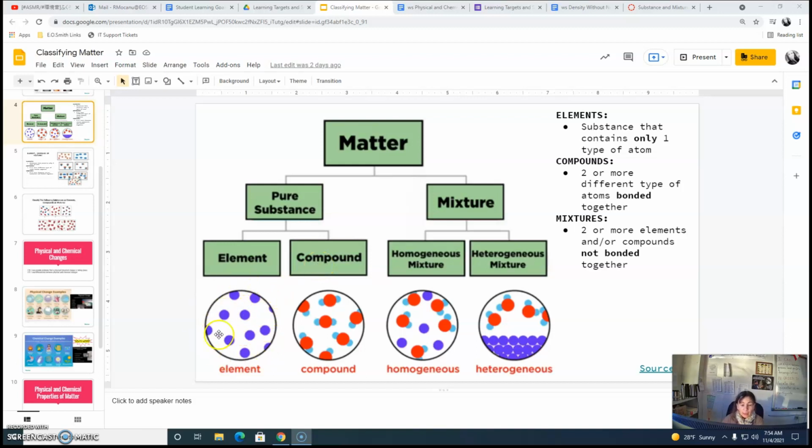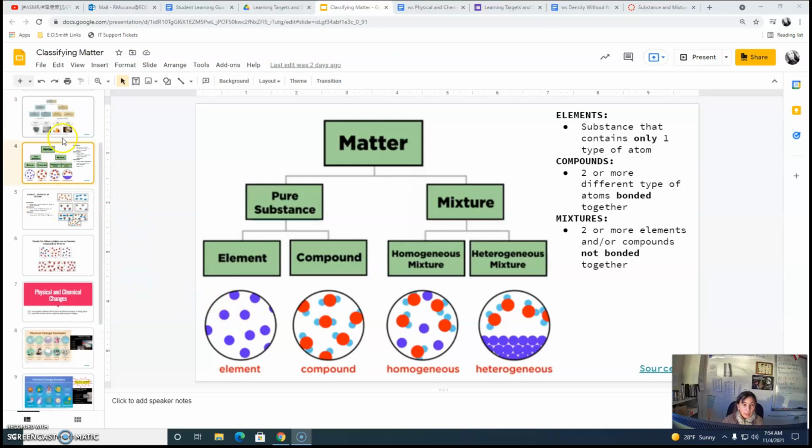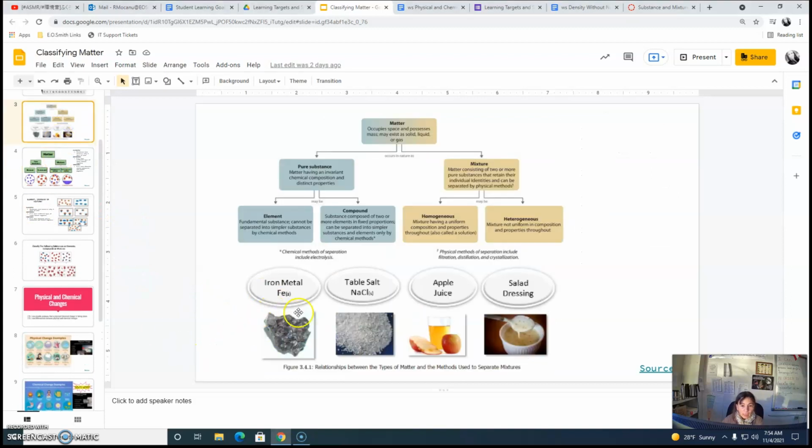For elements, as you can see in this diagram, we have only one type of atom. That's why all the little dots are identical to each other: the same color, the same size, the same everything. One example of an element from the previous slide is iron.